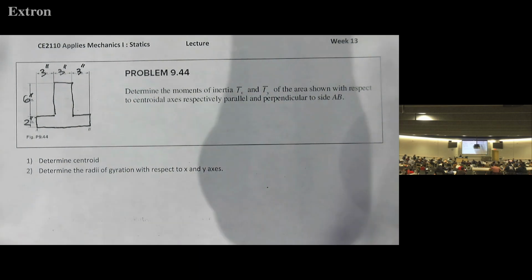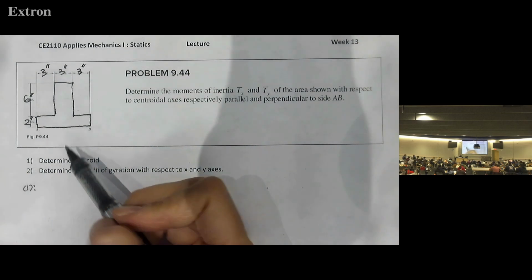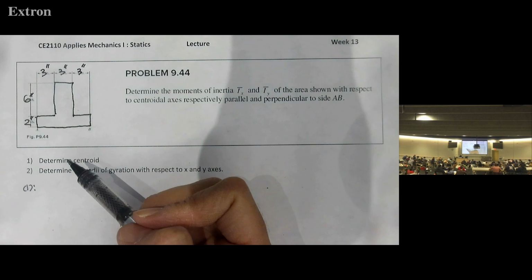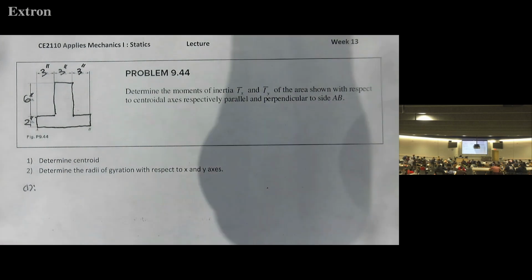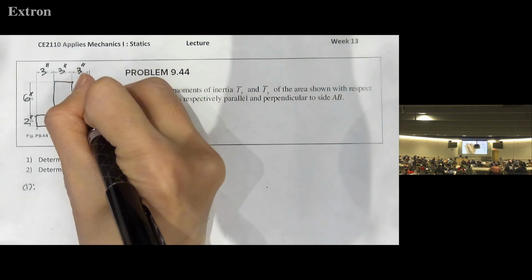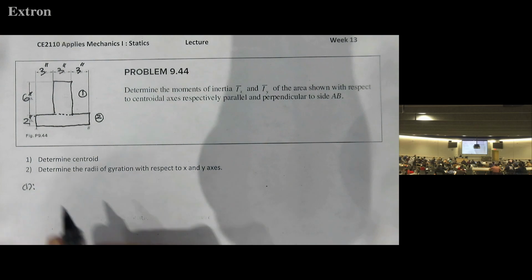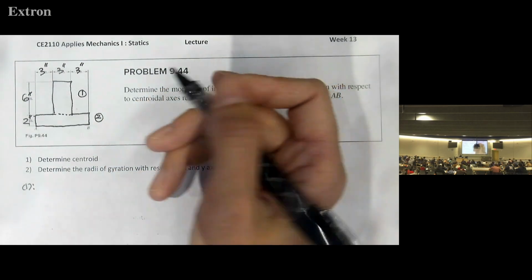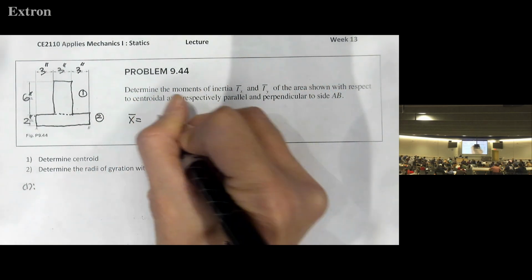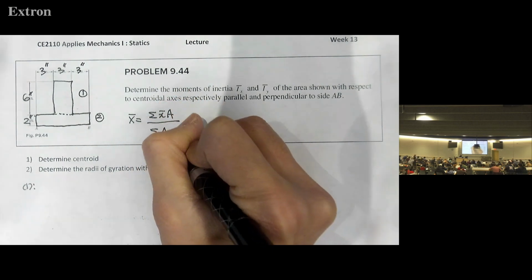So let's try to find the centroid. Okay, first, this composite shape, we'll use divide and conquer. So divide into 2 rectangles, right? Let's use the first one as 1, the second as 2. And you know the centroid equation is something like this, sigma x bar A over sigma A, right?